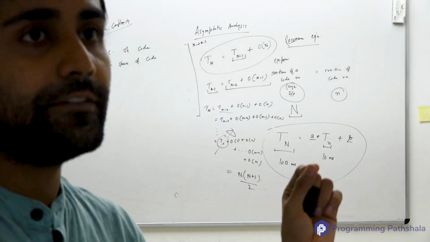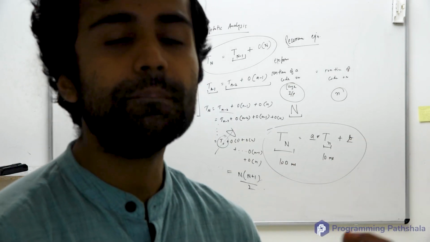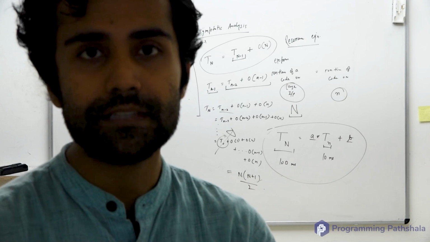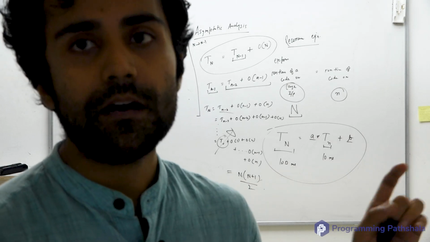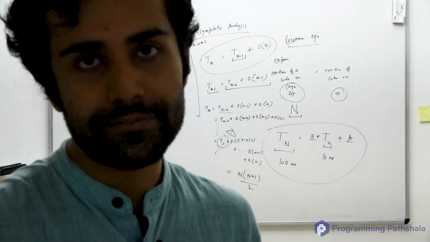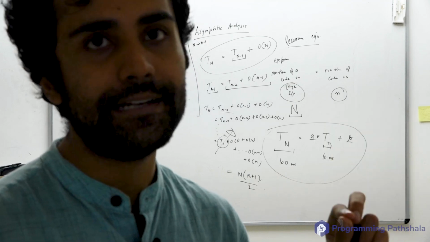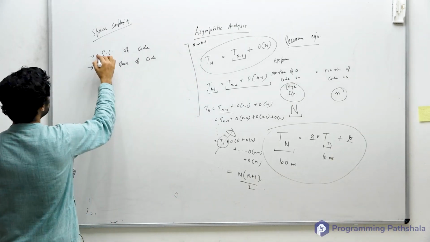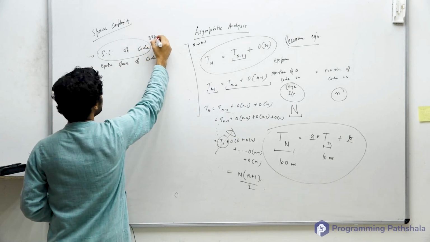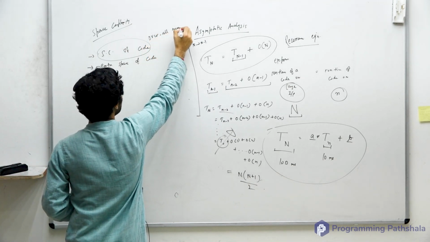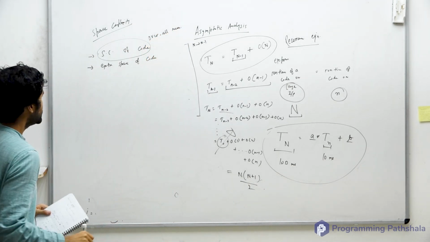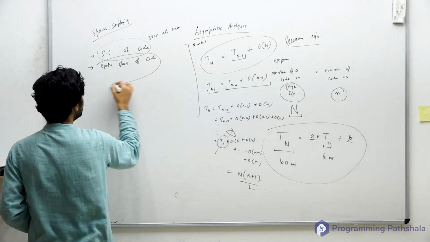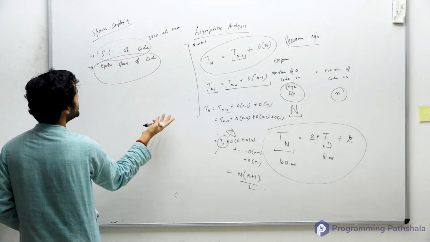They are slightly different. Generally some people consider them the same, and that is also not so bad, but what I am going to tell you is the technical definition. Technically there is a very slight difference, so try to understand it. Space complexity means the overall memory that your code has utilized, and extra space means the extra memory that you have used.